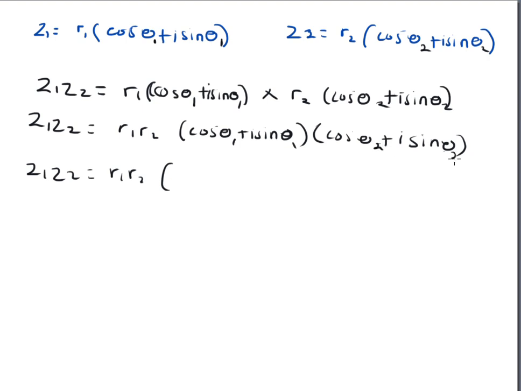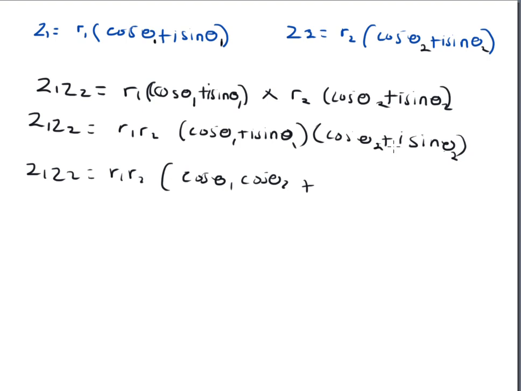All right, now cos theta 1 times cos theta 2 gives us cos theta 1 cos theta 2.